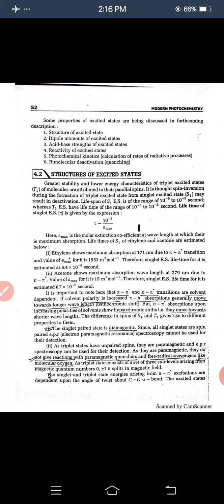The difference in spin of S1 and T1 gives rise to different properties in them. First, the singlet state is spin paired and diamagnetic, since all singlet states are spin paired.